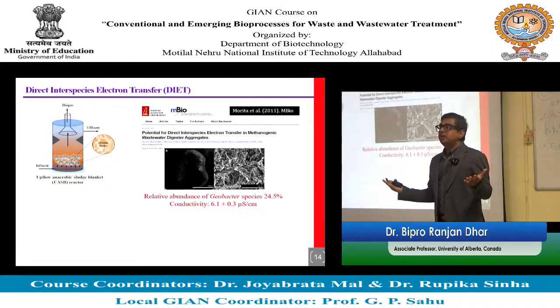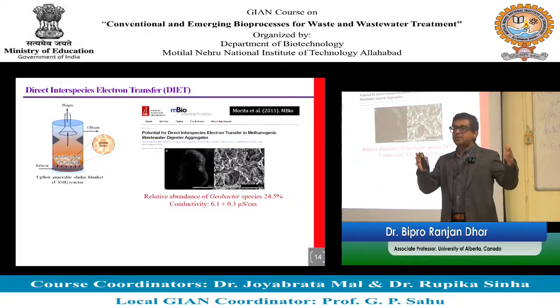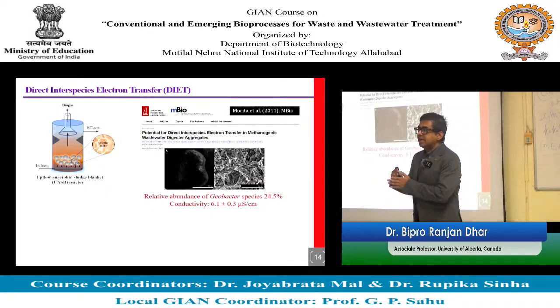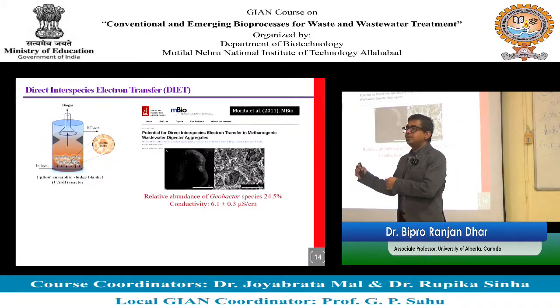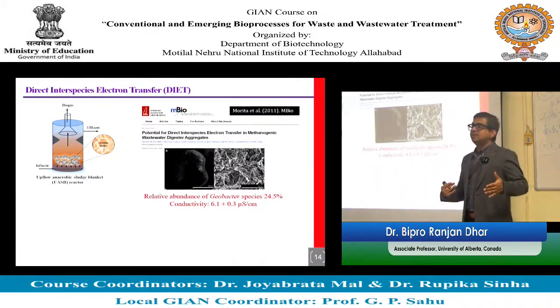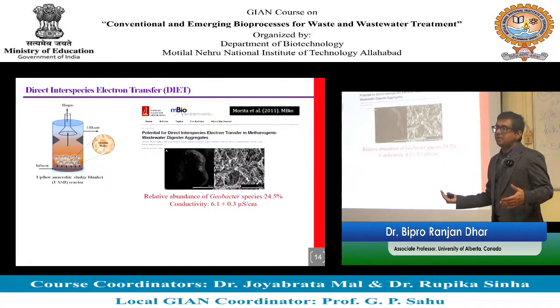So we know that the anaerobic digestion process is a multi-step biochemical process, right? First you hydrolyze the organics, then you have fermentation, and then the fermentation products are used by methanogenic archaea. One process is called acetoclastic methanogenesis, which uses acetate, converting it to methane and carbon dioxide.